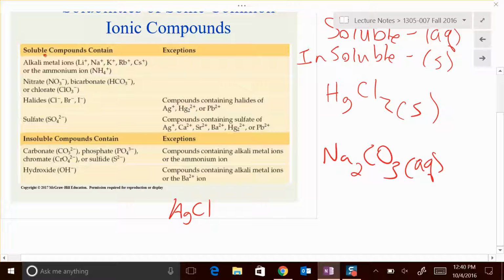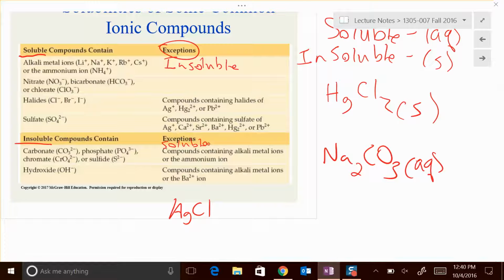So these are soluble things over here. Over here, they are insoluble. These are insoluble, but over here they are soluble because they are the exceptions to those. So that's how we're reading this chart. So this would be a solid product.